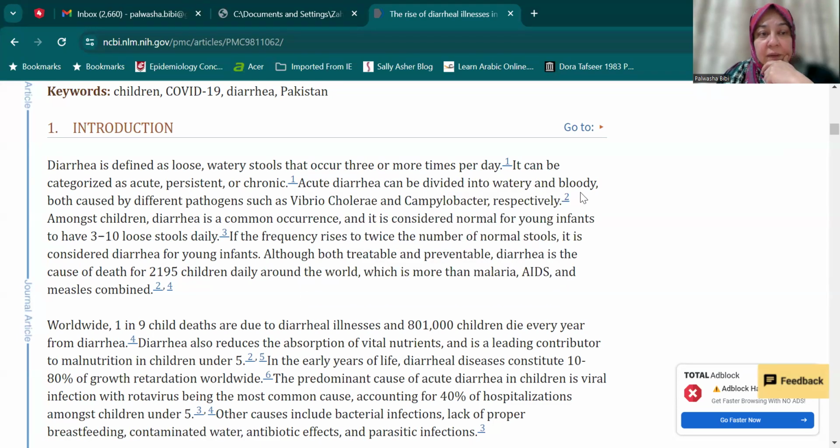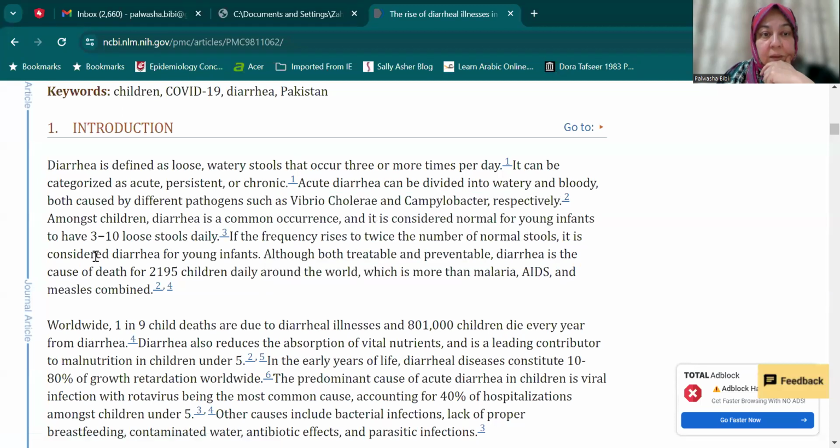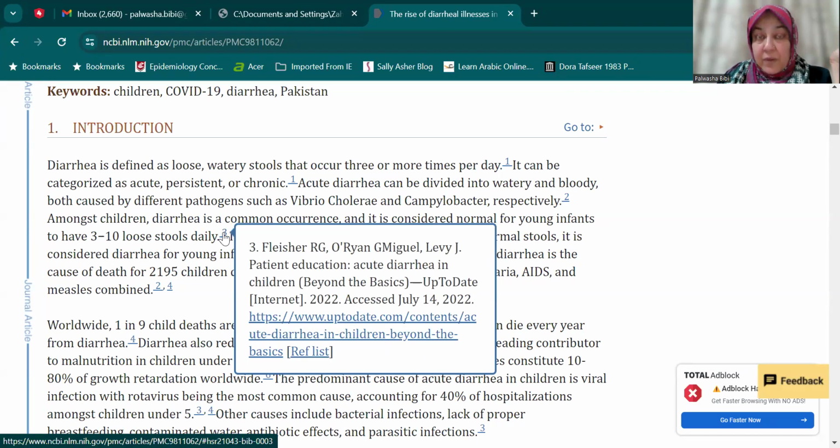Acute diarrhea can be divided into watery and bloody, both caused by different pathogens, Vibrio and Campylobacter. Reference. Okay. Diarrhea is a common occurrence, and it is considered normal for young infants to have 3 to 10 loose stools daily. Again, reference. I'm not making any statements or any claims just because I think so. That is anti research. It is not what I think, it is what evidence shows.